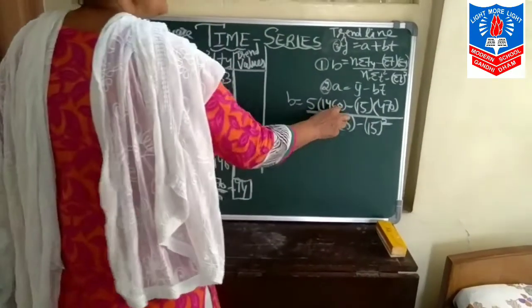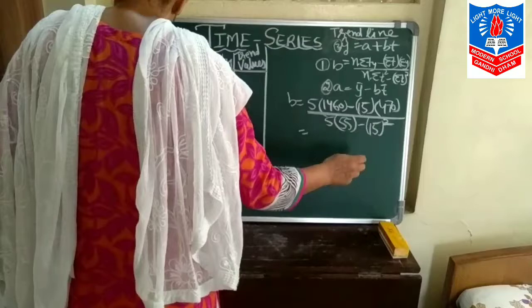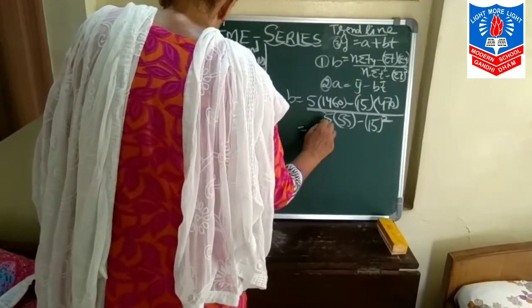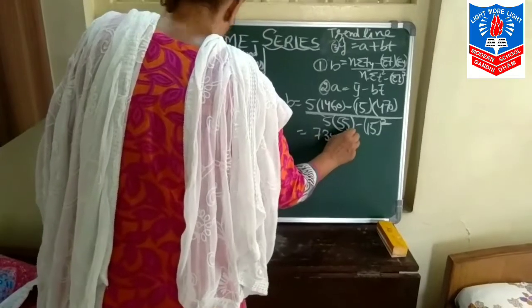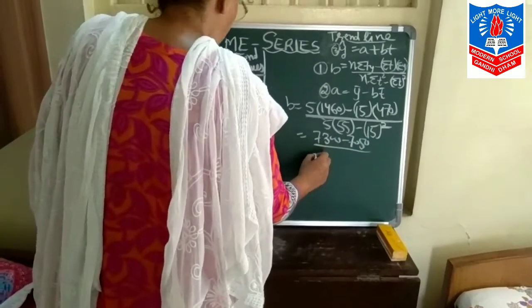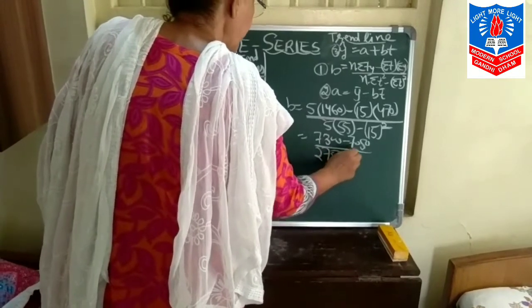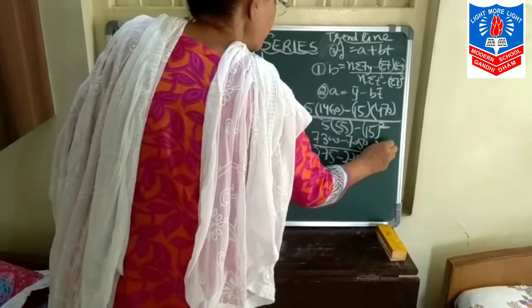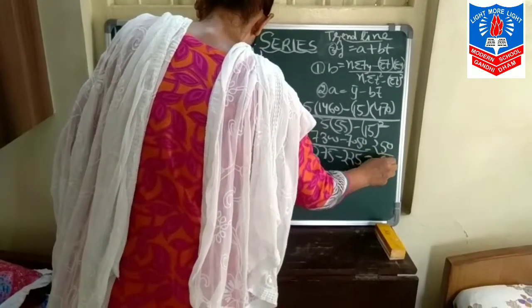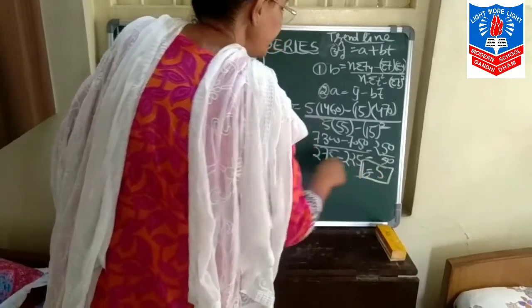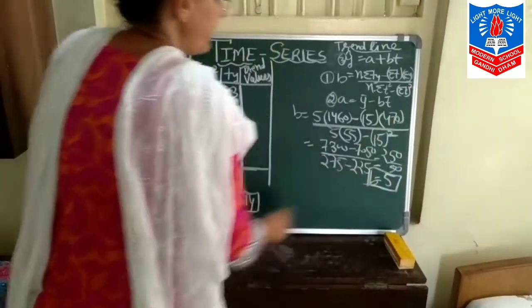Now multiplying this out, what values do we get? 7300 minus 7050 upon 275 minus 225, that we get 250 divided by 50. The ultimate value of b comes out as 5.